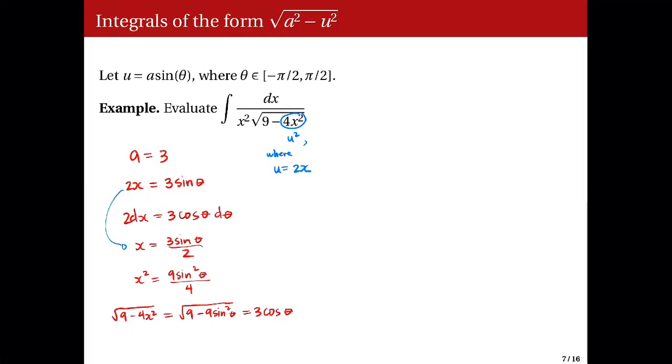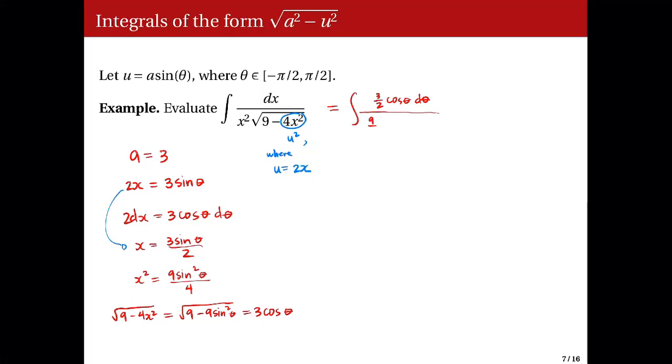Therefore, what will we get in here? We have the integral and then the dx. We have 2 dx in here. So dx will become 3 halves cosine theta d theta, then all over x squared from here.